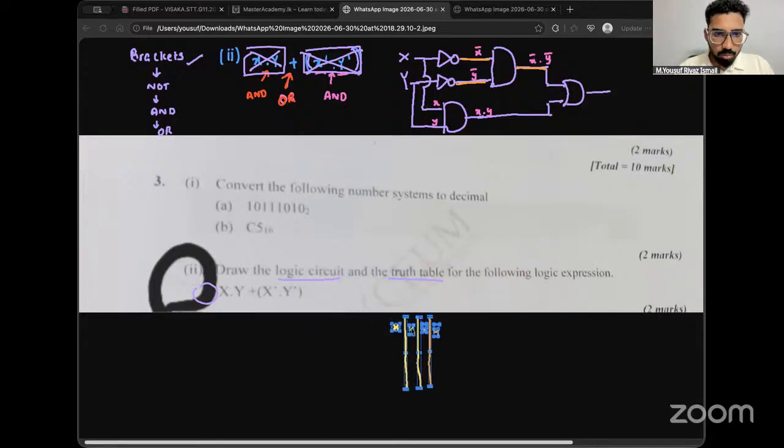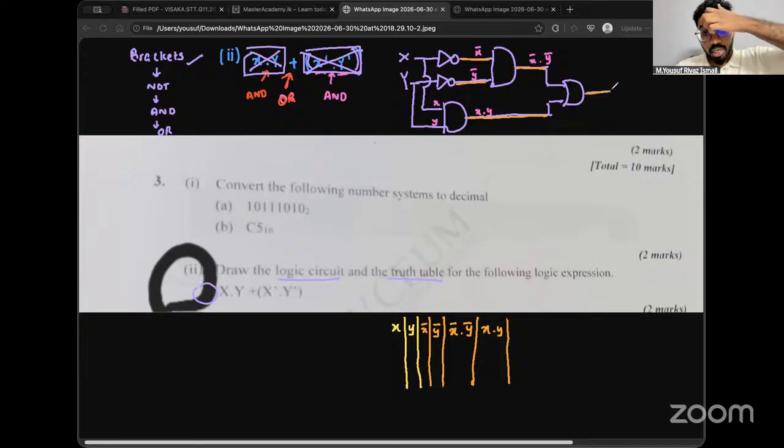I took it down so I get more space. And then the output I have from here is x dash dot y dash. For that, I'll have another column. And for the output I have here, it's x dot y. To find the output, you always have to go to the input.